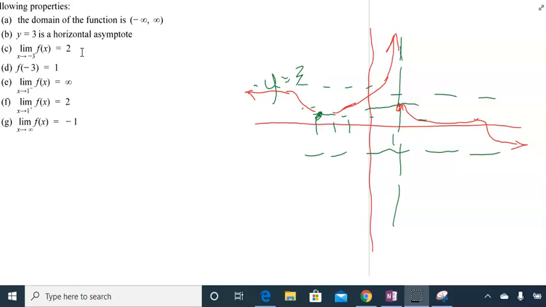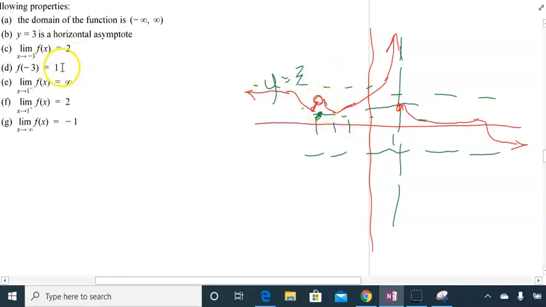So we need to put in that 2 right there. Let's fix that up a little bit. We have to squeeze this up a little bit to where it's 2. The function value is at 1, but it's approaching 2. So you have to have an open circle right here.